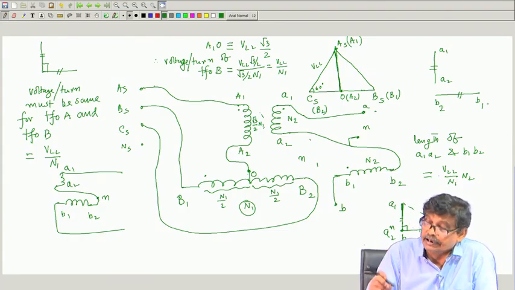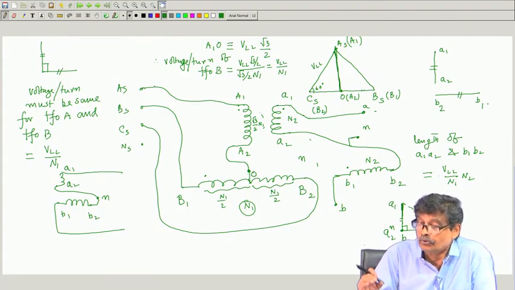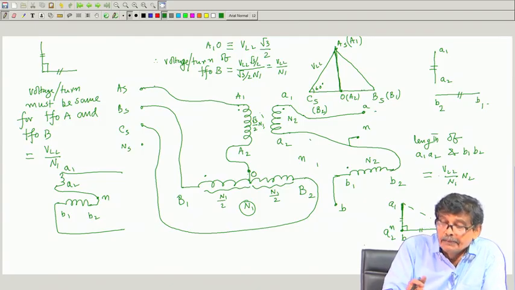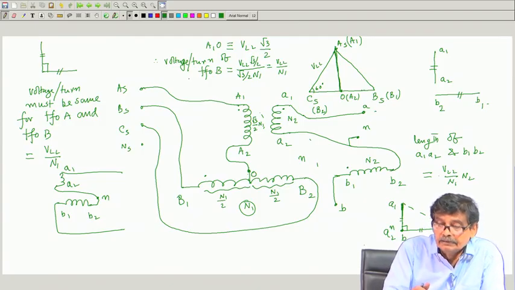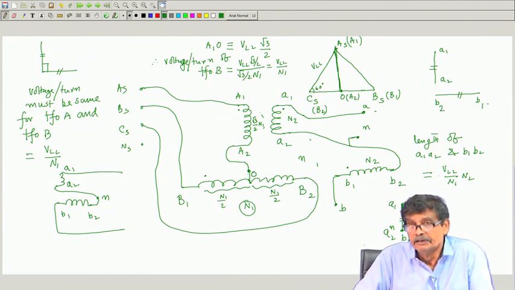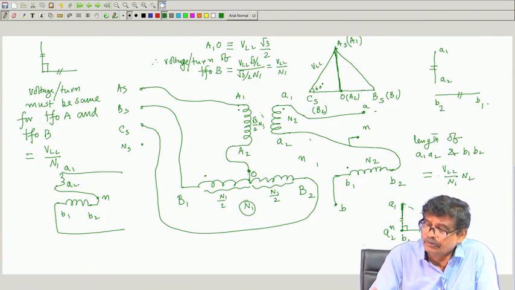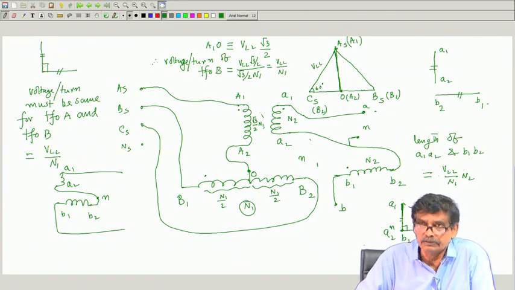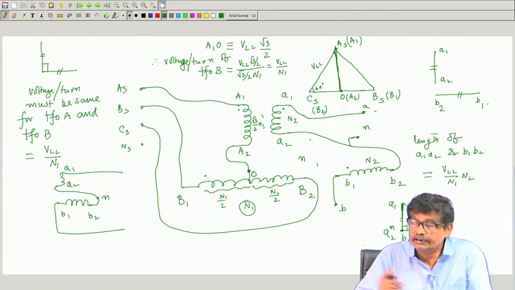So, if you connect a balanced 2 phase load on the secondary side, does the primary side current which is drawn from a 3 phase supply remain a balanced 3 phase current, and how will the magnitudes of this secondary current and primary current be related? That will be the next thing.